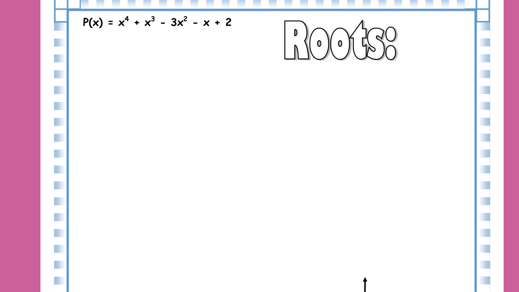So looking at this, we can't factor it, correct? And they didn't give us any roots at all. How many possible roots should we find? 4. Whatever the degree is, that's what we're going to find. So we could find 4 roots. What kind of roots could they be?